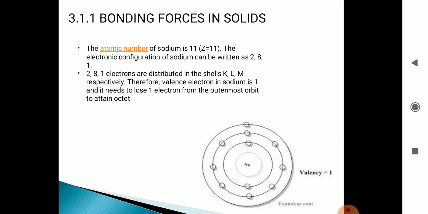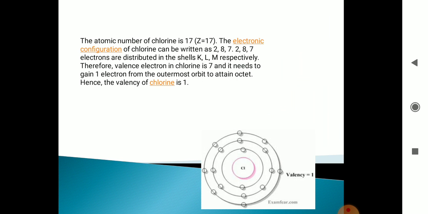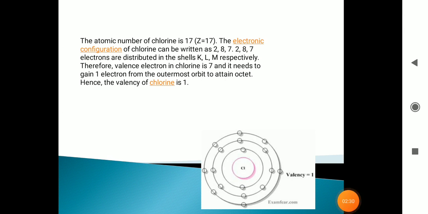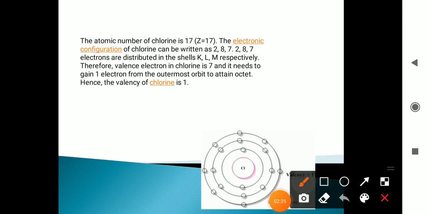Similarly, chlorine. The chlorine atomic number is 17. For the electronic configuration of chlorine, considering the same 2n square formula, if we place n equals 1, there are 2 electrons in the first orbit and 8 electrons in the second orbit, and 2 plus 8 is 10, and the remaining is 7.